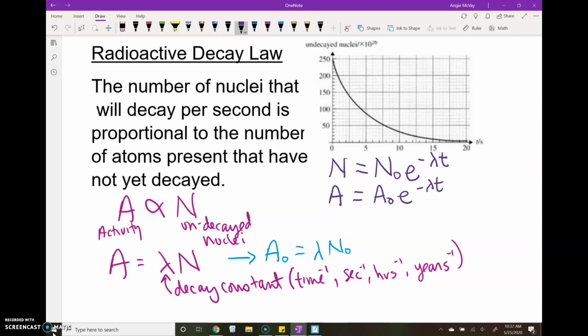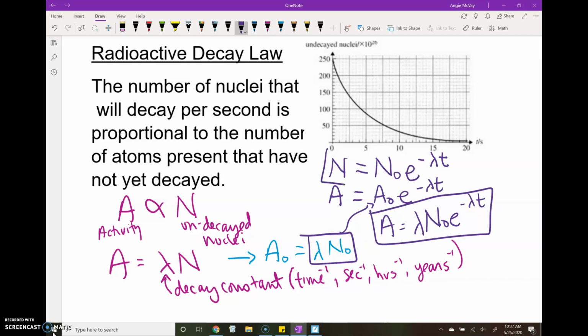And then if we know that the original activity is equal to the decay constant times the original number of nuclei, we can plug that in right here, and we get activity is equal to lambda N naught e to the negative lambda t. So these are our two equations that we can use. And then this guy is kind of one of our starting places here.